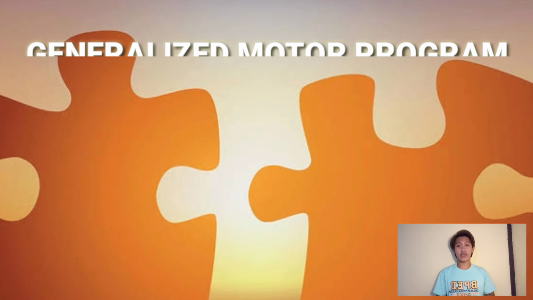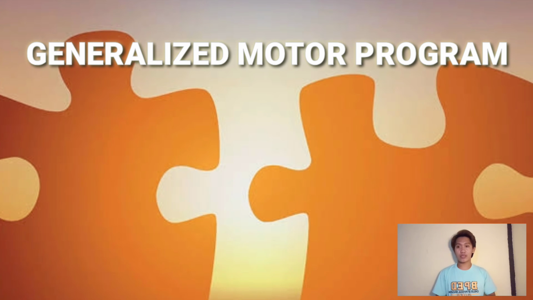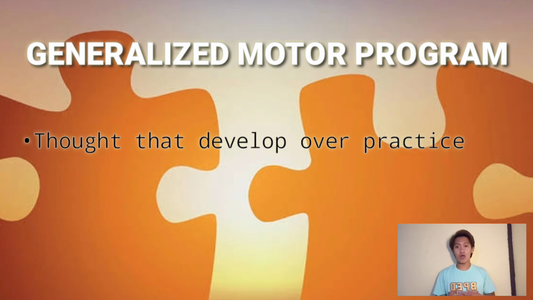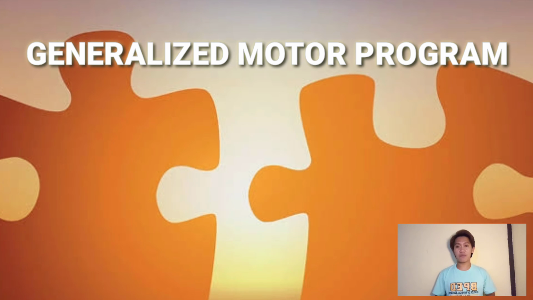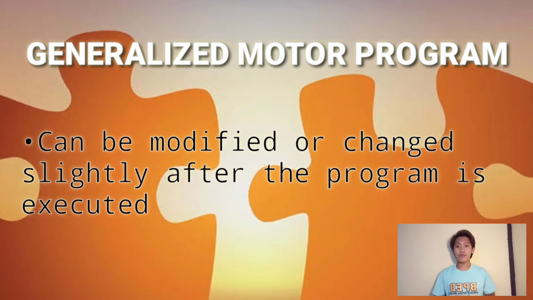First, the generalized motor program is a thought that develops over practice, and this program also provides a basis for generating movements. Unlike the pattern of the simple motor program, the generalized motor program is one that can be modified or changed slightly after the program is executed.